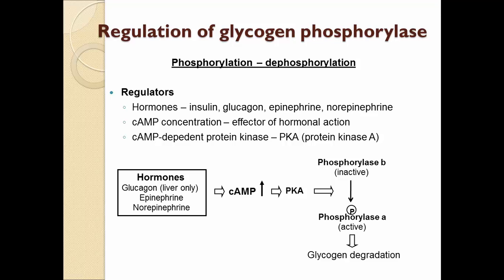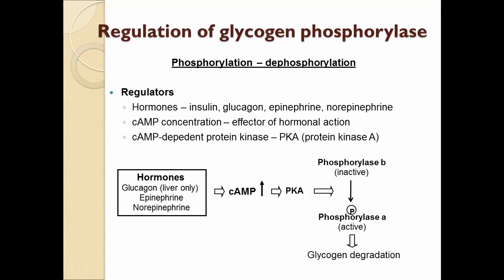For example, under the fasting condition, glucagon and epinephrine levels increase and lead to increased cyclic AMP, and the next step will be protein kinase A. It's an enzyme.